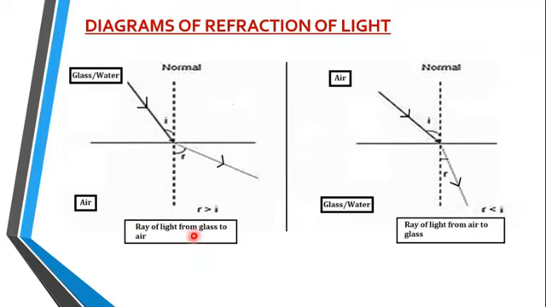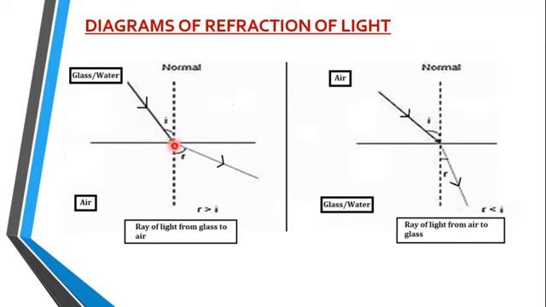So we're taking the first diagram. Here, a ray of light is traveling from glass to air. So this light is cast through the glass, and upon reaching the outer part of the glass, this area is air. So we are saying that as the ray of light moves through the glass, it is called the incident ray.